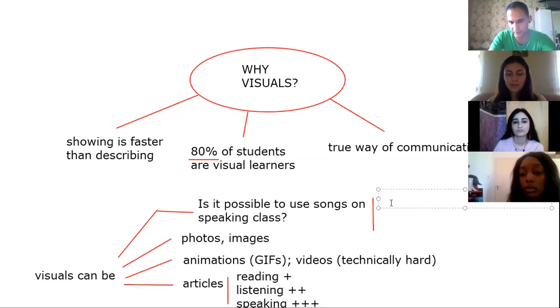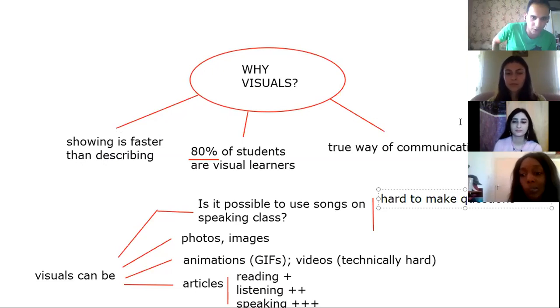And that's why we can write here: what are some disadvantages of using songs in a speaking class. I would love to emphasize again. So first, it's hard to make questions out of that, right? From visuals, we can make a lot of questions and we can relate different topics to this visual.